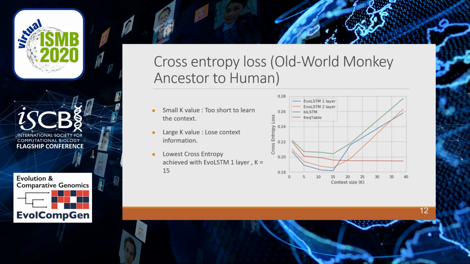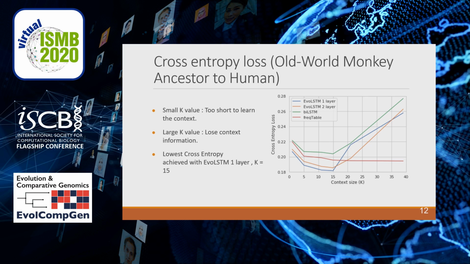We first evaluated the ability of different approaches to properly estimate mutation probability by comparing the cross-entropy loss of each approach calculated on the same test set. We have trained 4 different approaches, including EvolSTM with 1 layer of LSTM network, EvolSTM with 2 stacked layers of LSTM networks, as well as the simple bidirectional LSTM and the frequency table approach.